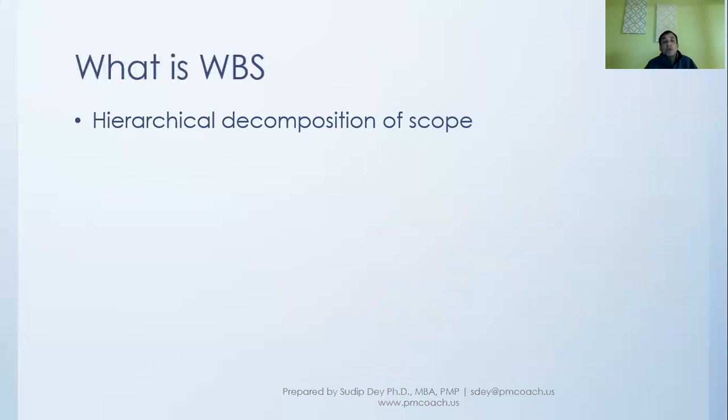In the WBS we will decompose that. What do we mean by hierarchical? It will be decomposed like an organization hierarchy, so that we know when we decompose a deliverable what the next level is, and then the next level. So it will go multiple levels as we decompose the scope into the WBS.